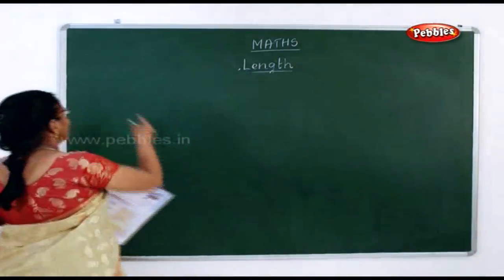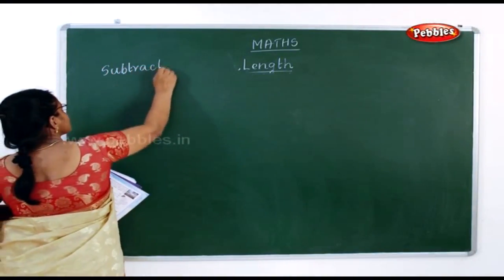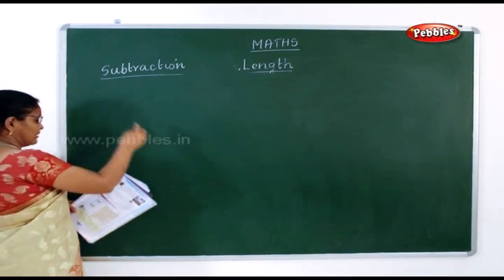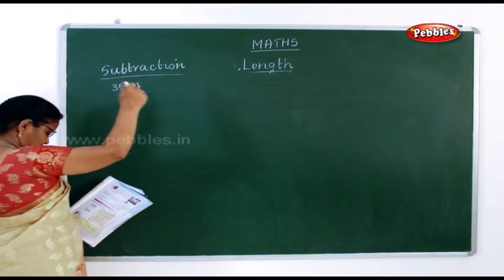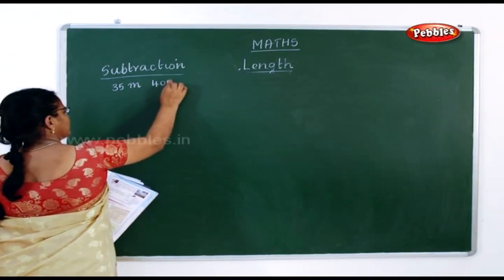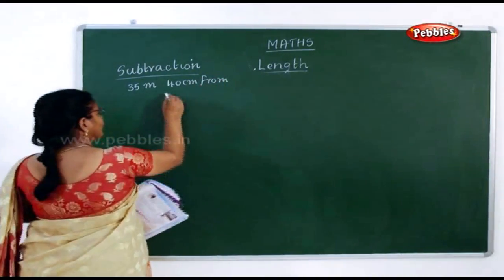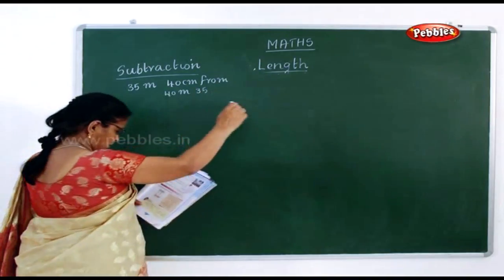See, next one we will go on with subtraction. So we have finished addition. Now we are going to go with subtraction. Subtract 35 meter and 40 centimeter from what? 40 meter and 35 centimeter.